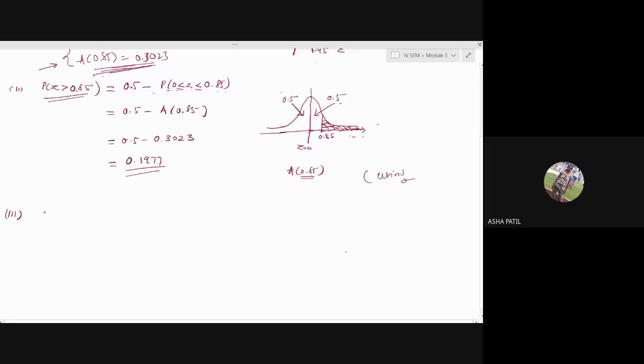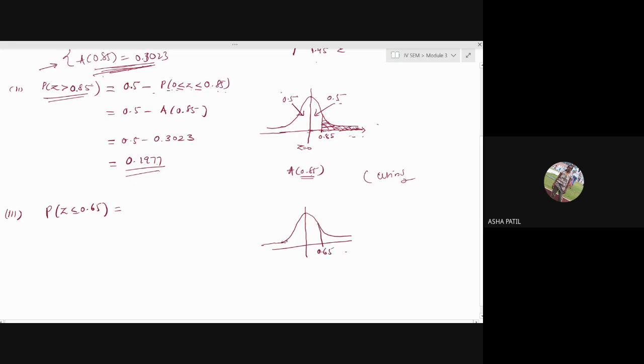Probability that Z is less than or equal to 0.65. What is to be done here? Less than or equal to 0.65. Take 0.65 on the curve.